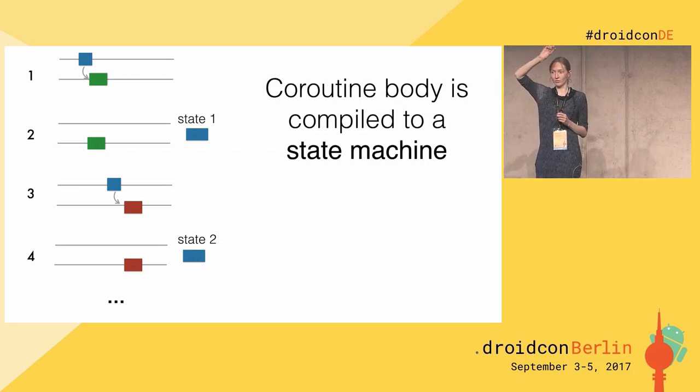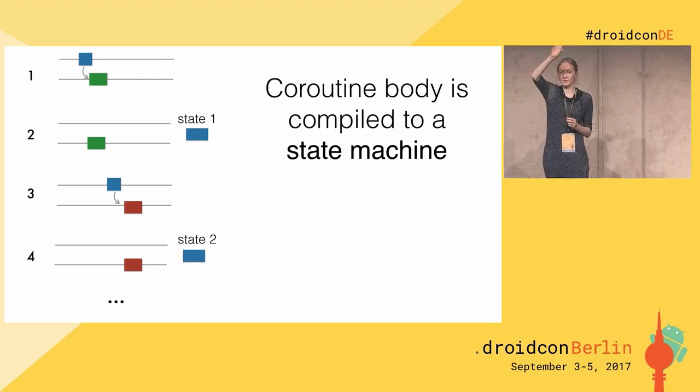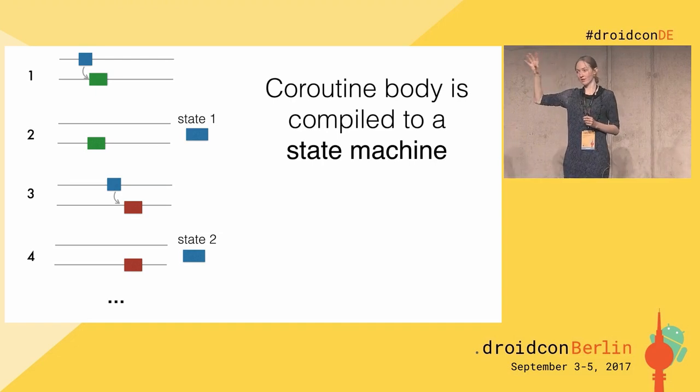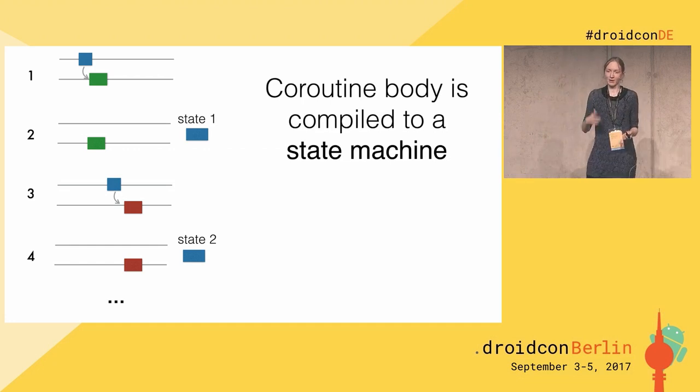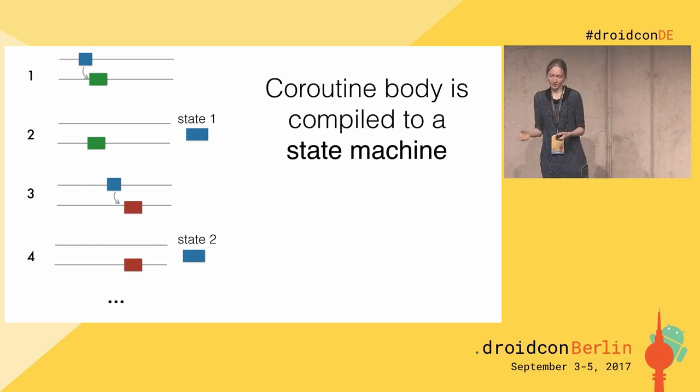So when your coroutine reaches some suspension point, it is put away and stored in the first state, then you return it, then it reaches the second suspension point, it's put away and stored in the second state, etc. Again, in our documentation, you can find the exact example of the bytecode that the Kotlin compiler generates for this state machine. I will leave it to you to find it, because you have to think calmly for some time to observe it and digest it to understand how it works. But we have it.